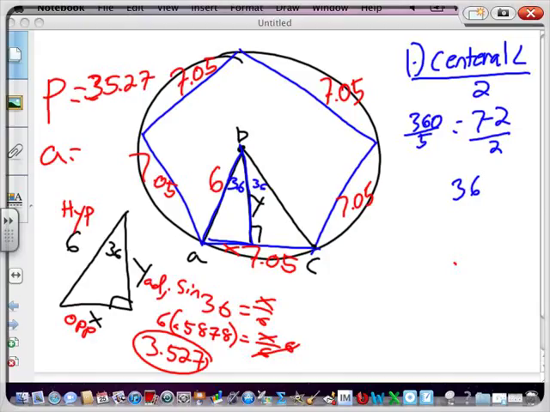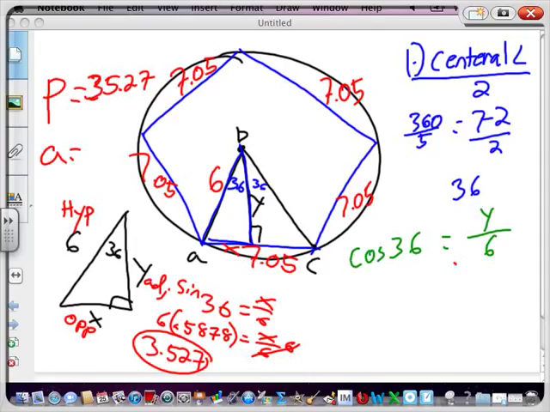And then we have to find y, because y is our apothem. So we've got 36 with adjacent over hypotenuse, and adjacent over hypotenuse is cosine.